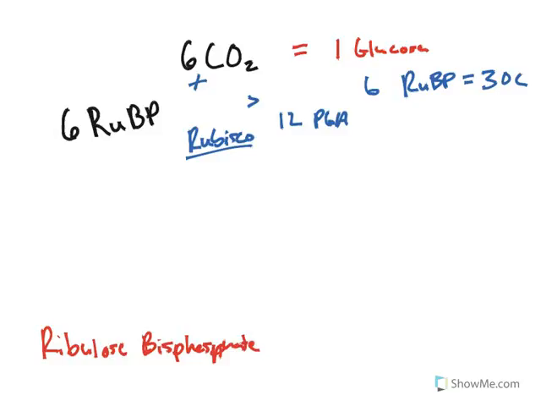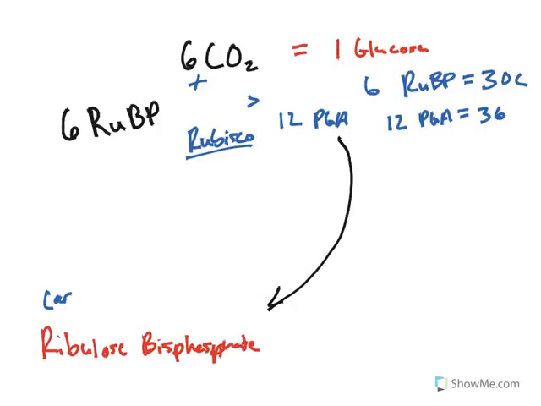So we started off with 6 molecules of RUBP, or ribulose bisphosphate, and we added on 6 CO2 by Rubisco, which is ribulose bisphosphate carboxylase. So that kind of makes sense. We've carboxylated these RUBP molecules, and they've split apart into 12 PGA molecules. So just to keep our carbon count, our 12 PGA molecules are equal to 36 carbon. So that would be 3 carbon for each PGA molecule.